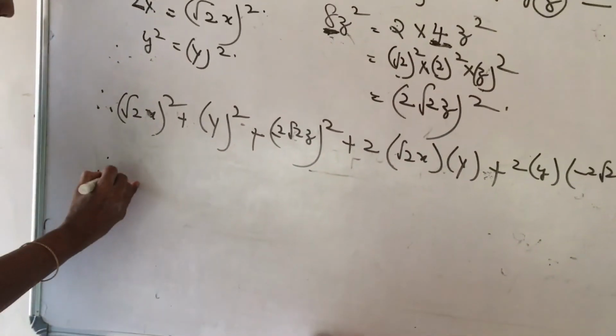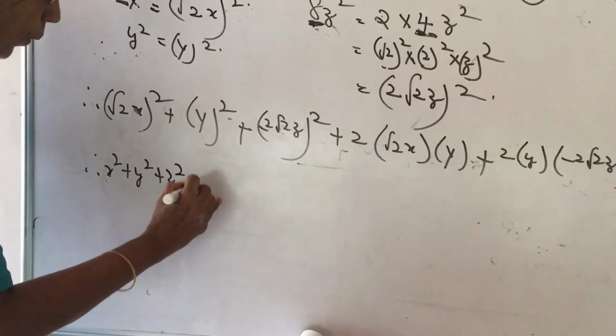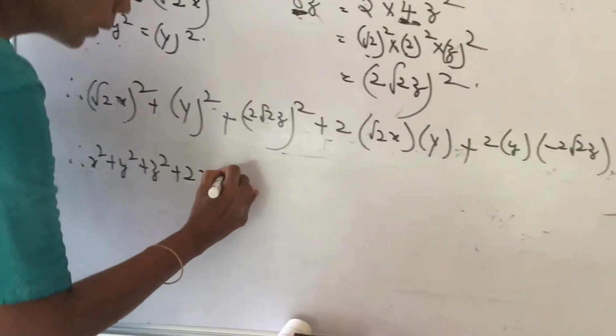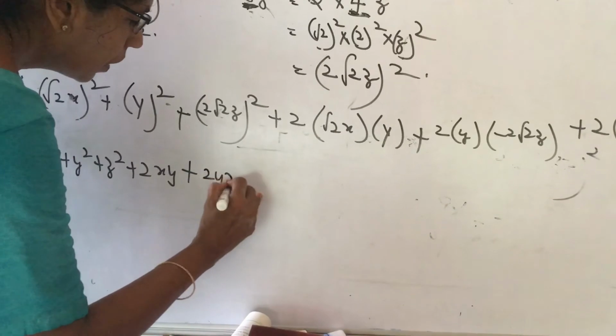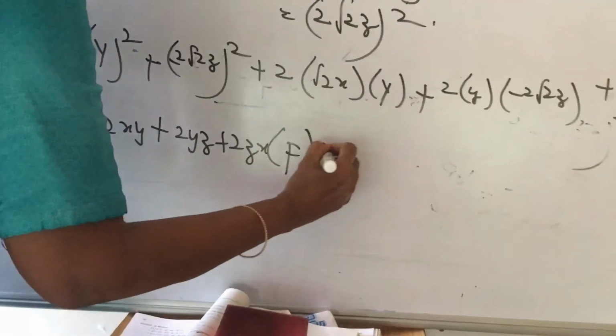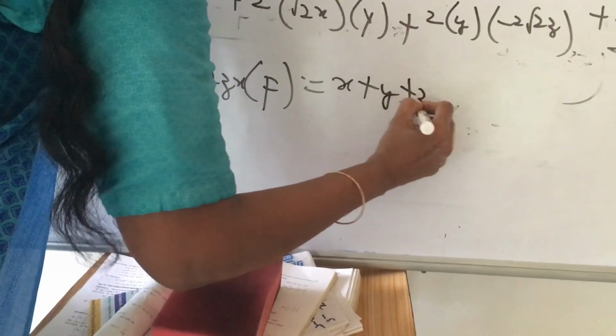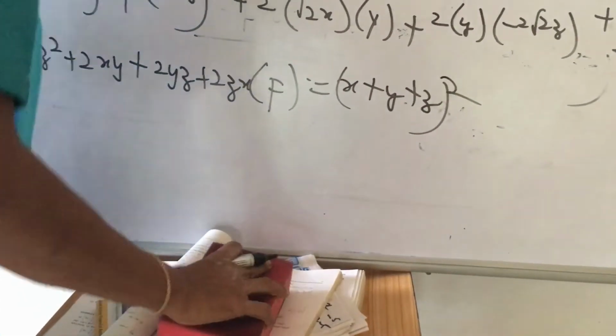Therefore, x square plus y square plus z square plus 2xy plus 2yz plus 2zx factor is equal to (x plus y plus z) the whole square.